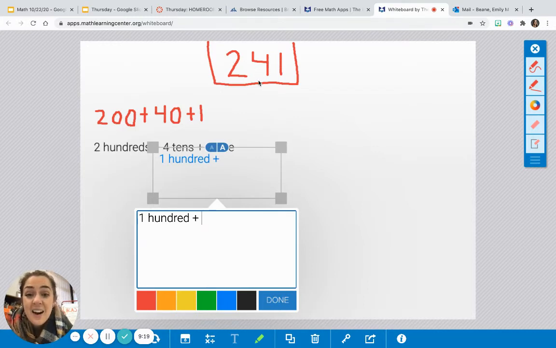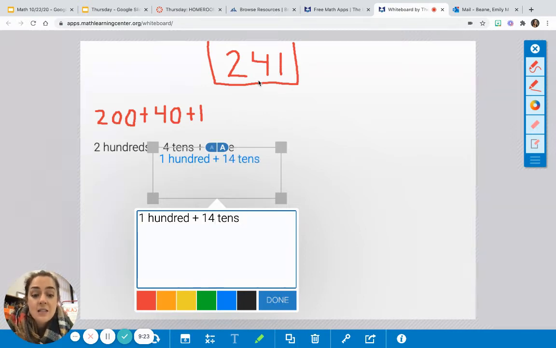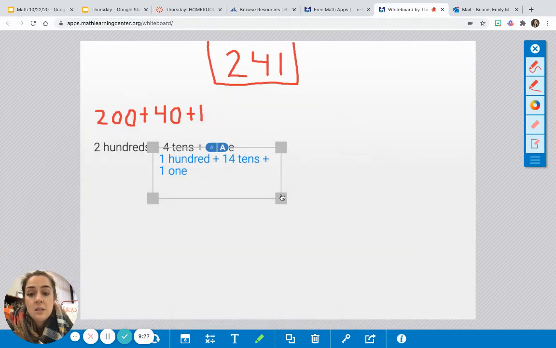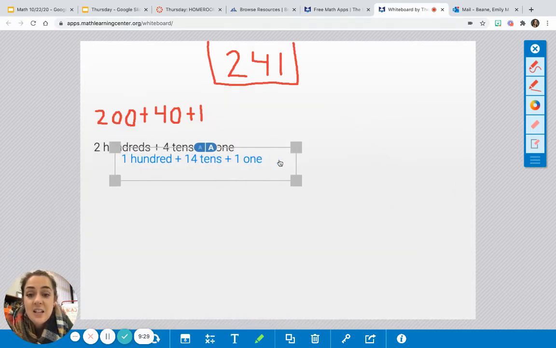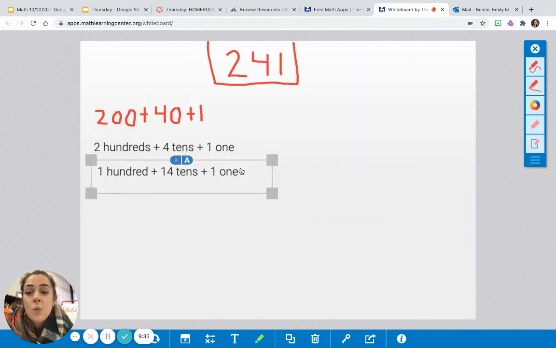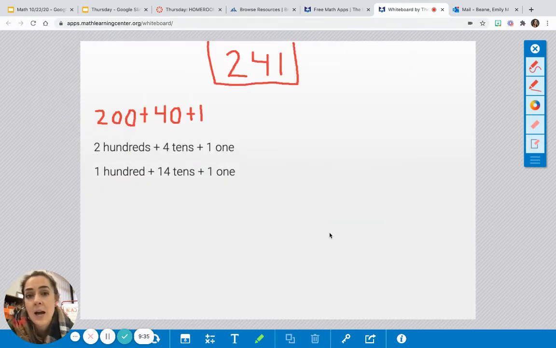So I would now have 14 tens plus 1 one. It's a little confusing, right? I wanted to show you that because that's not how I think of it right away when I see expanded form. I wouldn't look at this and say, that's 241, but it is.